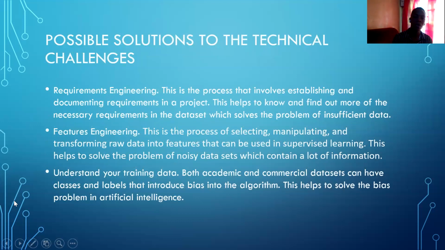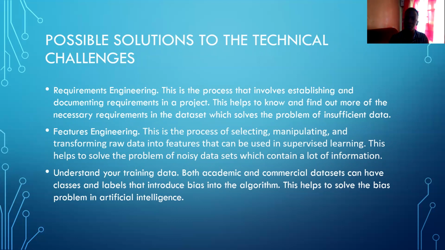Solutions: we have requirements engineering, which is the process that involves establishing and documenting requirements in the project. Requirements engineering helps to solve the problem of data being less, not enough, in the data sets we use in this project.